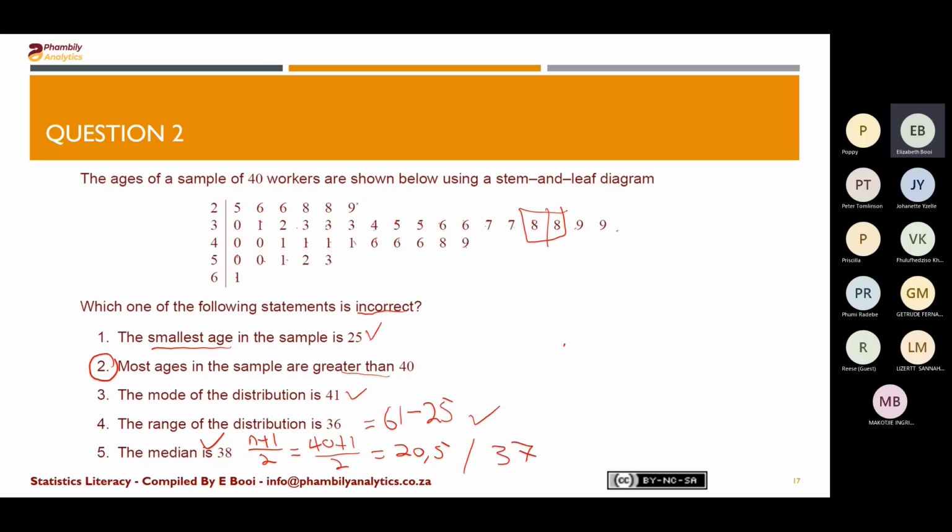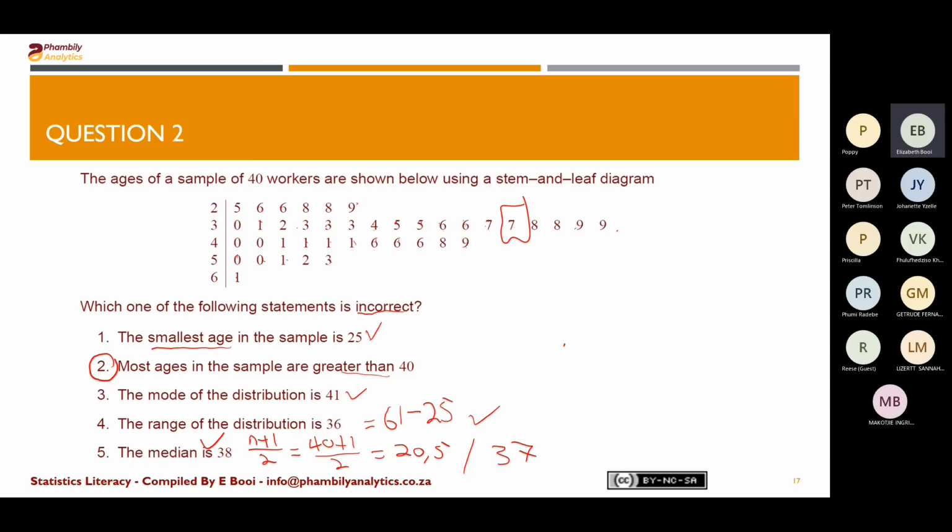So let's say it was 20, we would have stopped there. Or if it was 19, we would have stopped there. Okay, all right, I get it.